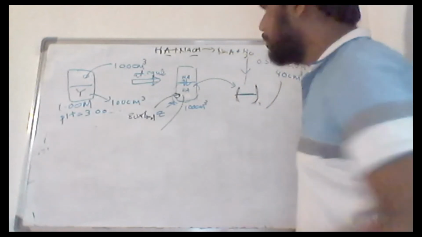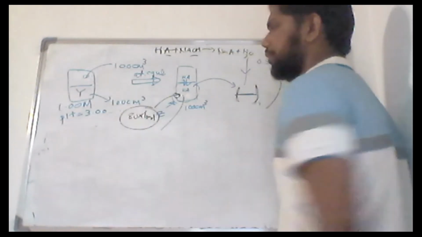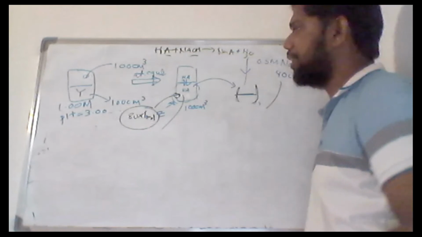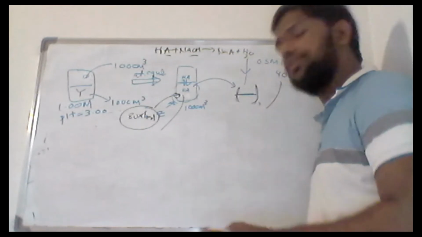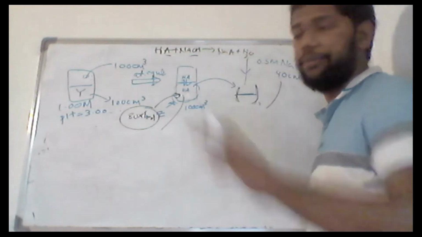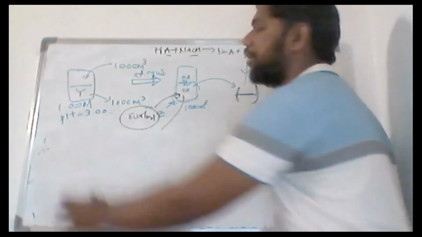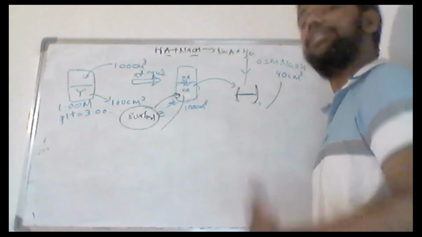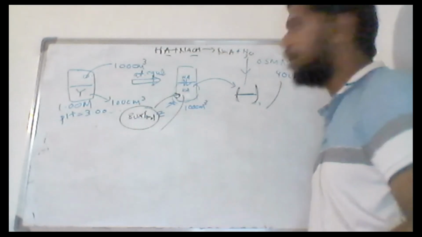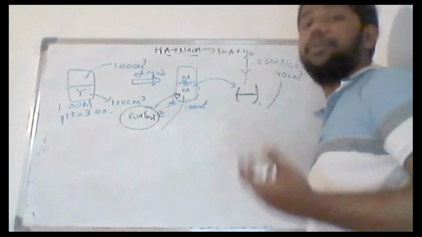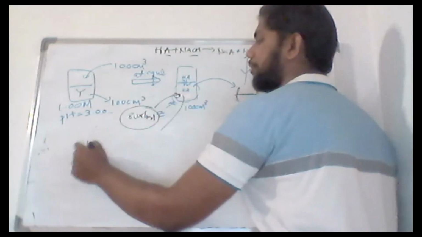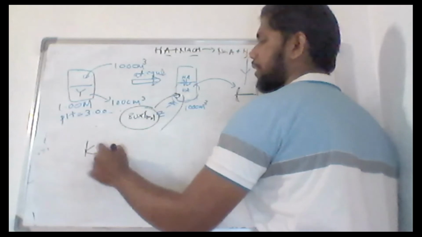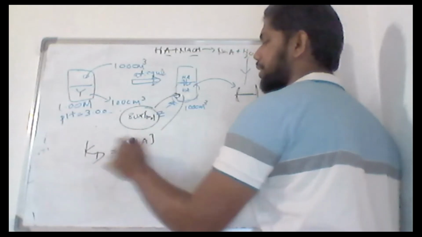We already know this is the amount, 80 into 10 to the power minus 3 mole of HA in Z. Now for this particular question, forget about the dissociation, because in the previous question we did the dissociation and found the alpha, which is a different value than the previous case. Here they are telling us to forget about the dissociation just to find KD.